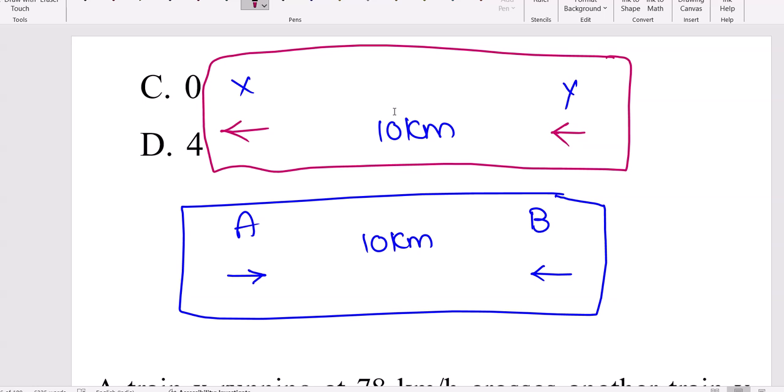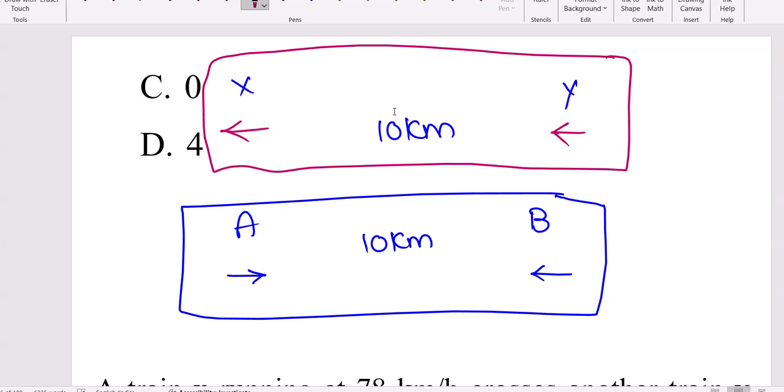A and B. As they're traveling towards each other, opposite, they'll come and meet in less time. Is the distance in both cases the same or different? When distance is constant, time is less means speed is more. So addition will happen in opposite direction. Simple logic, basic logic.